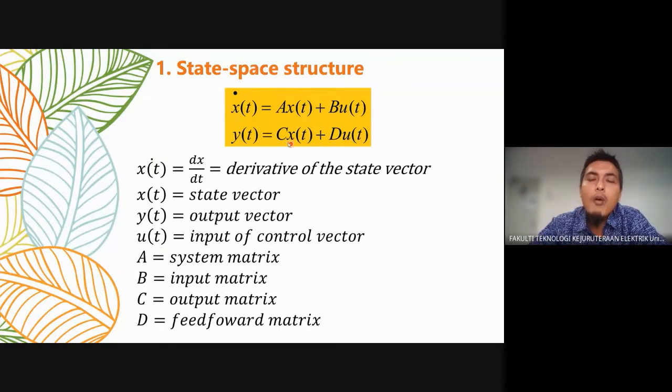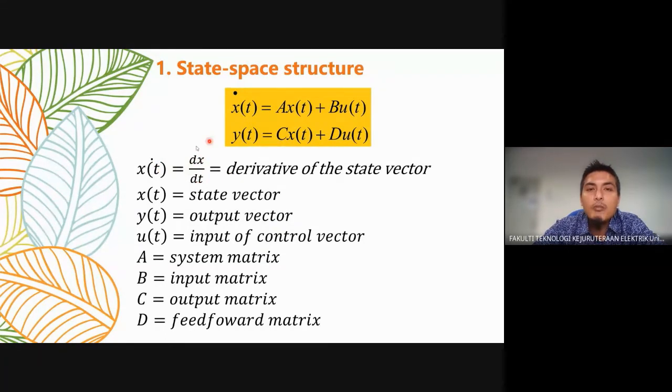So what is x dot? What are A, x, B, u, y, C, D? This is the definition for all the parameters inside the state space equation. So x dot is the derivative of the state vector. You can see the vector, the direction. x dot t we also call dx over dt.